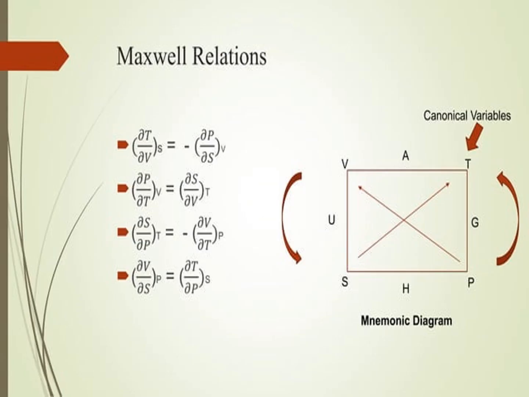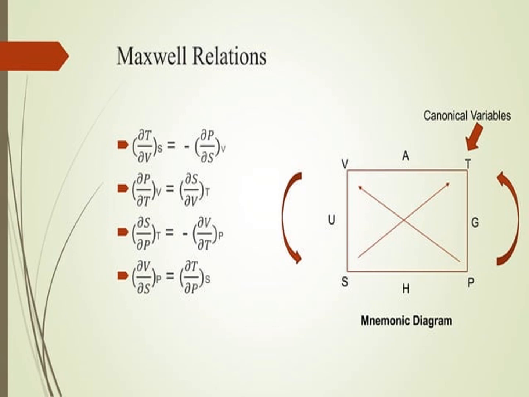We can also derive the Maxwell relations by using the mnemonic diagram. We have already seen the exact differential equation, that is z is equal to a function of x comma y, from which we took M and N. That is one technique to solve the Maxwell relations, and another is by using the mnemonic diagram. Here you can see the diagram which shows pressure, volume, temperature and entropy.